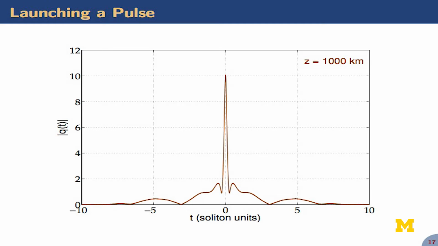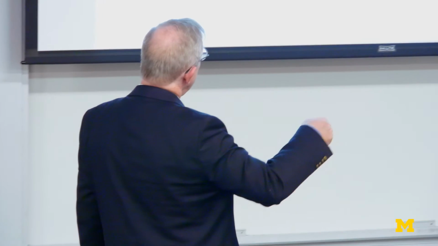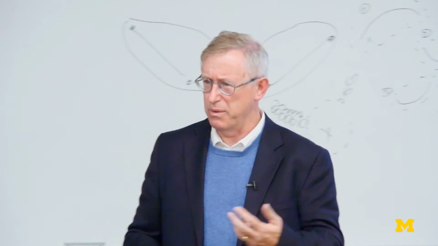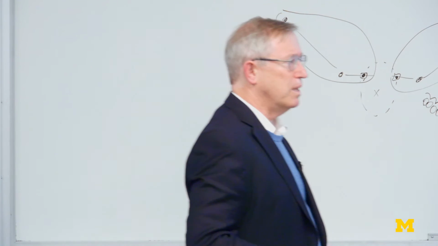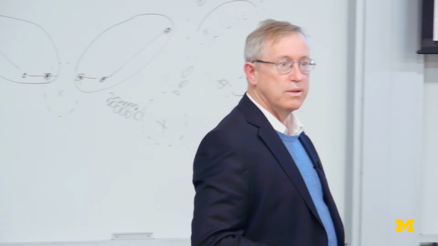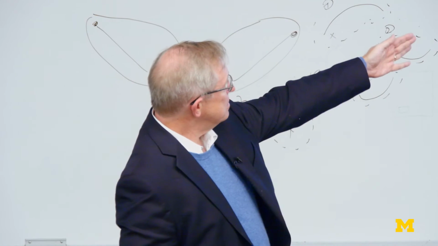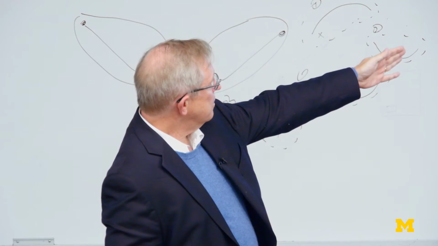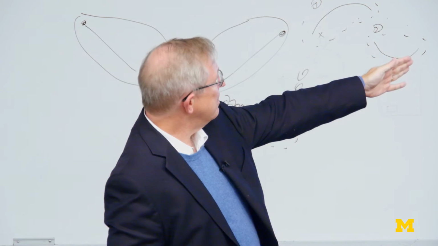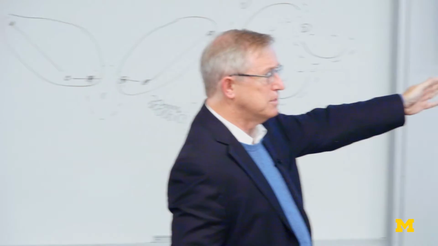If we wanted to build some kind of equalizer, we'd have to think about what the best thing to do here would be. It's not an obvious thing to do to build a detector. You could try to match to the received signal, but then you'd have to build a different matched filter for 500 kilometers than you would at 1,000 kilometers, which might be a little bit strange.